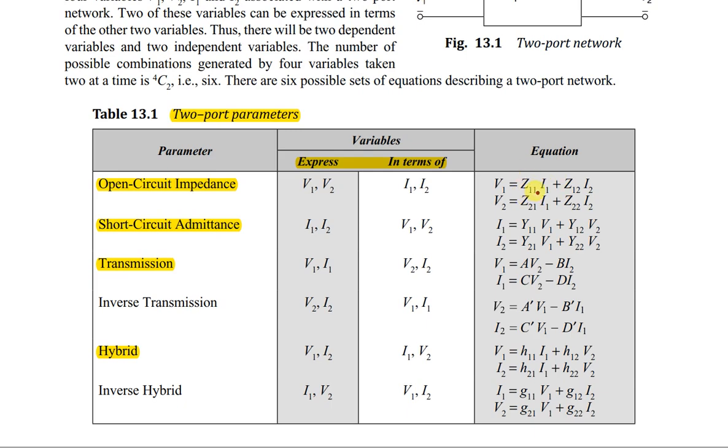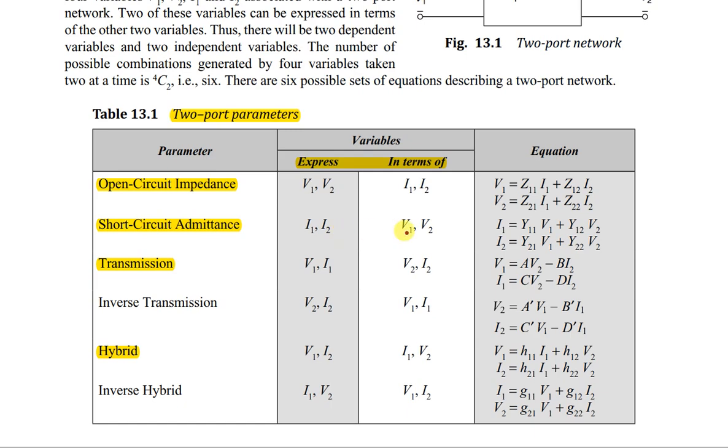Why is it called Z parameters? I will tell you. It is called open circuit because these Z parameters are impedance parameters. Similarly, there are short circuit admittance parameters. Admittance means the reciprocal of impedance. Here we expressed V1 and V2 in terms of I1, I2.